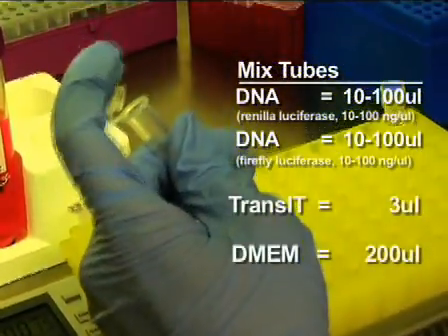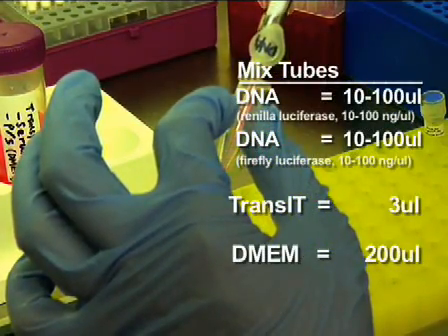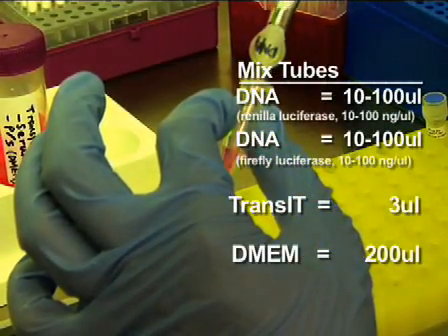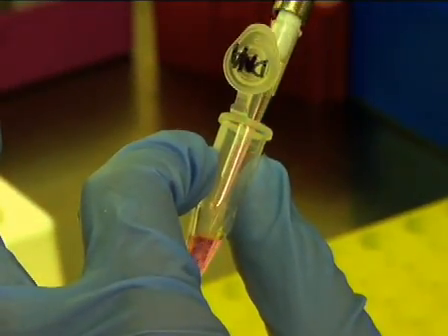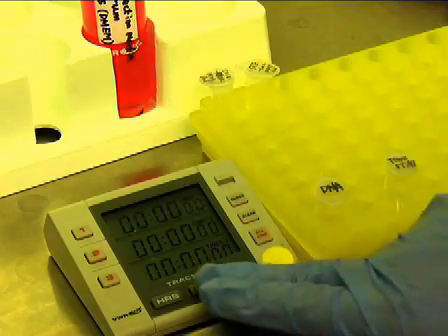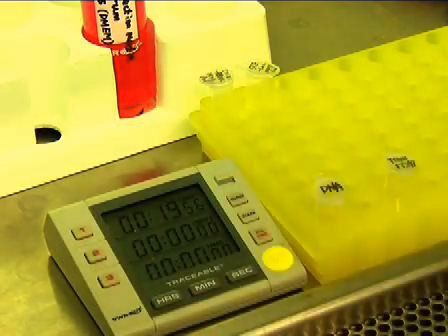Once the DMEM TransIT mixture has incubated for 5 minutes, it is transferred to the DNA tube and the solution is again mixed by pipetting. Then let the samples stand at room temperature for 20 minutes.